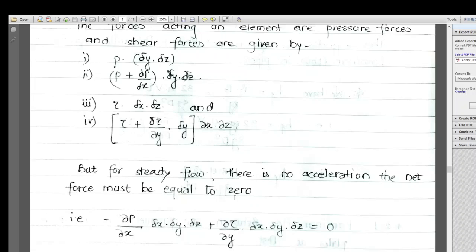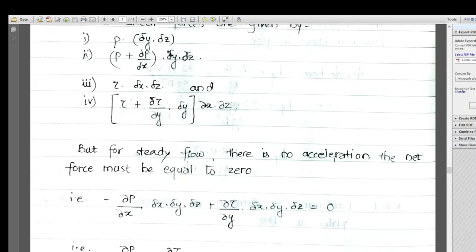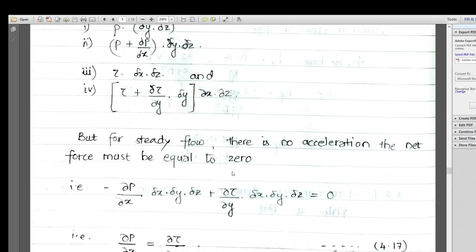But for the steady flow, there is no acceleration and thus the net force must be equal to 0. As this is a steady flow, in steady flow we know there is no acceleration. So the net forces which are acting become equal to 0.